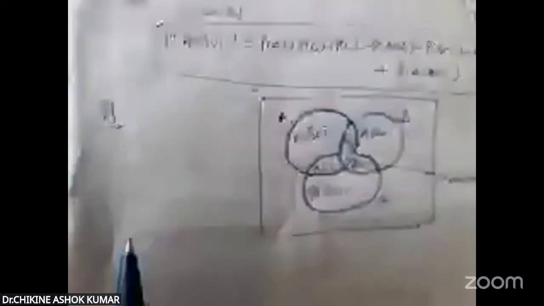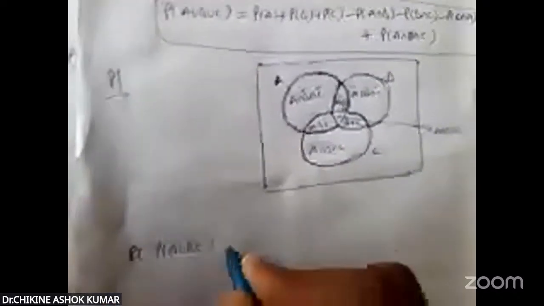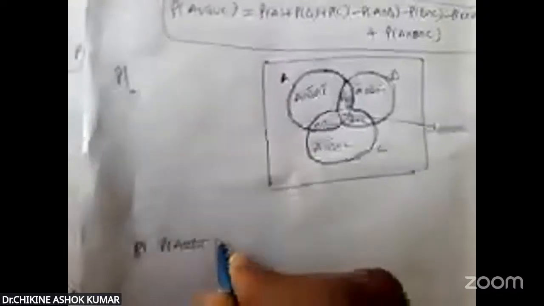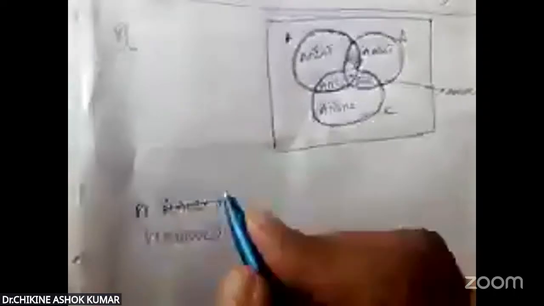Okay, but I'm not going to take this entire figure and a combination of this. I'll just write this theorem with the help of the addition theorem on two events. So first, what is the probability of A union B union C? First item, this is probability of A union B union C equal to, first item, this is the sum of two.